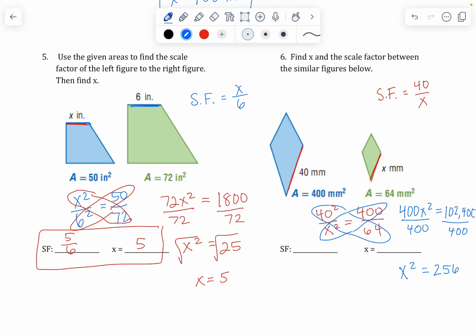I got 256. And now we want regular x, not x squared. So how do you undo a square? You have to square root. And the square root of 256 is a nice number. Try typing it in. You should get 16. So to write down our final answers here, our scale factor is 40 to 16. And our x was 16.